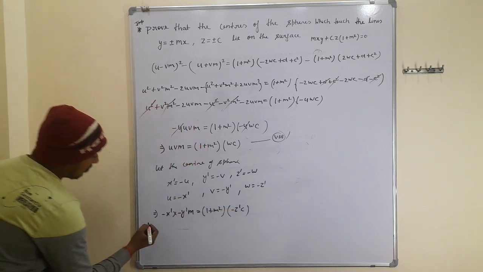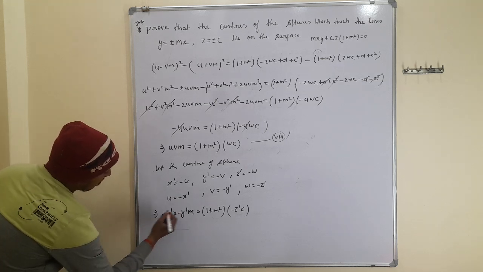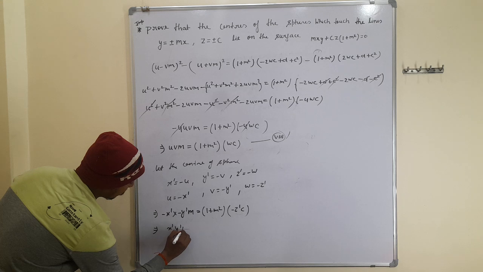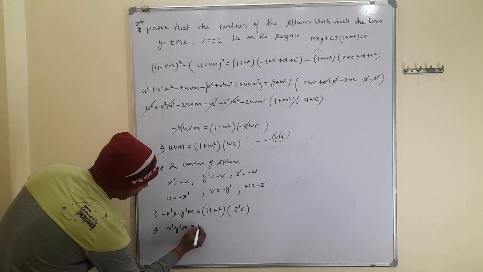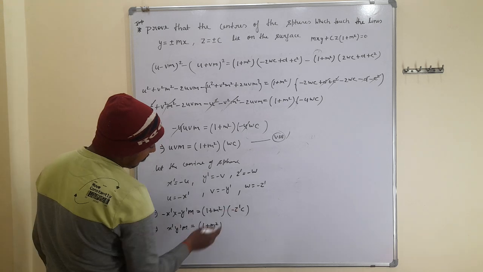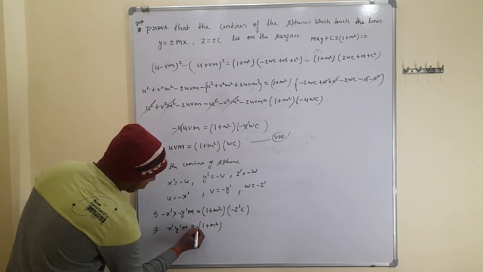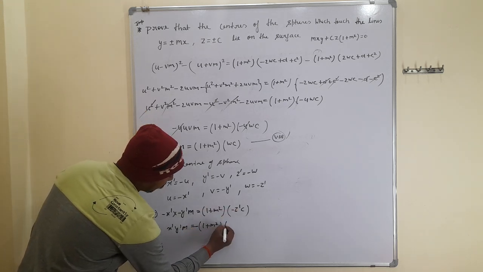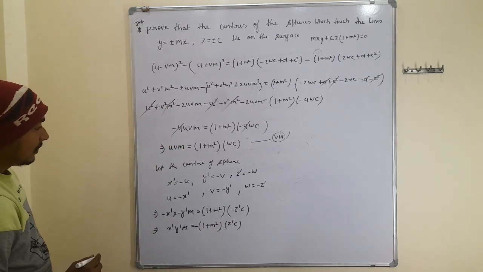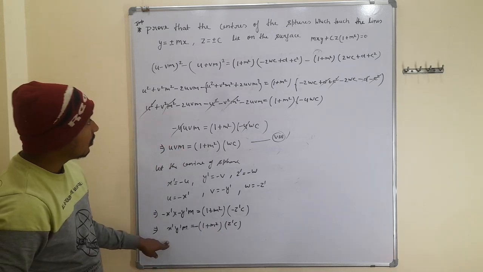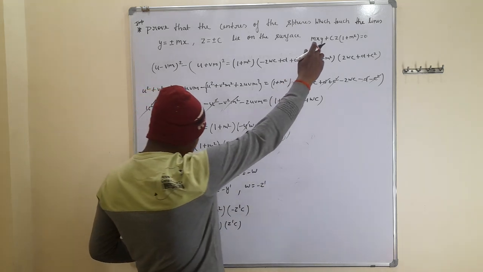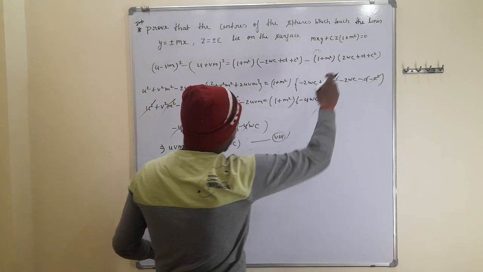Further we solve, minus minus is plus, that is x dash y dash m is equal to (1 plus m square), and from here we can also take minus z dash c, and here we have to prove mxy plus cz bracket 1 plus m square.